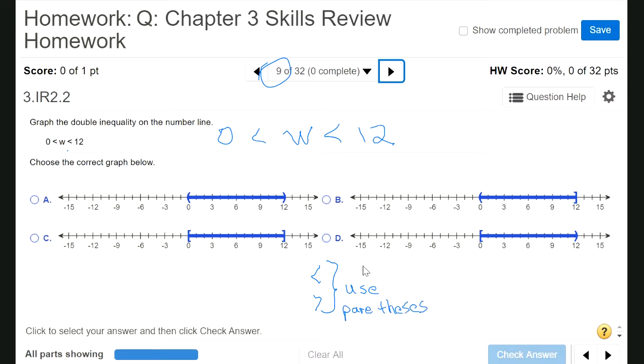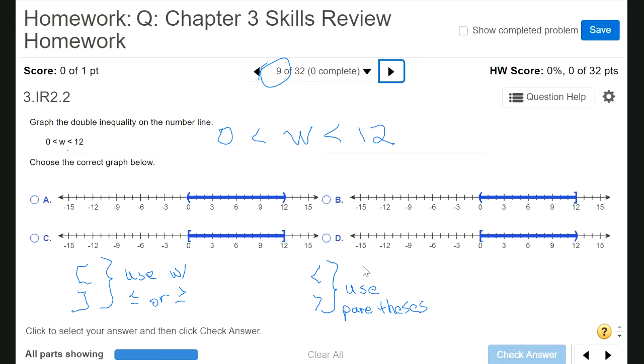And when you have brackets, let me write this different. Use brackets when it's this or this. If there's a line under it, that means the number is included in the solution or the interval.